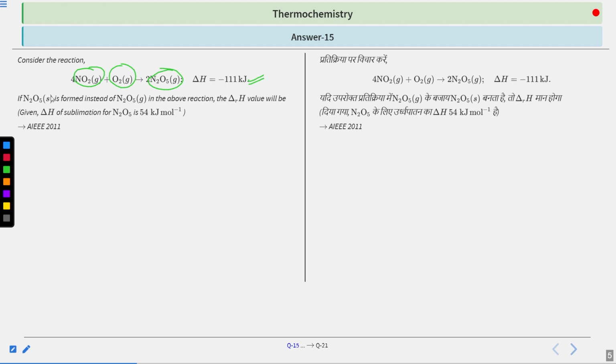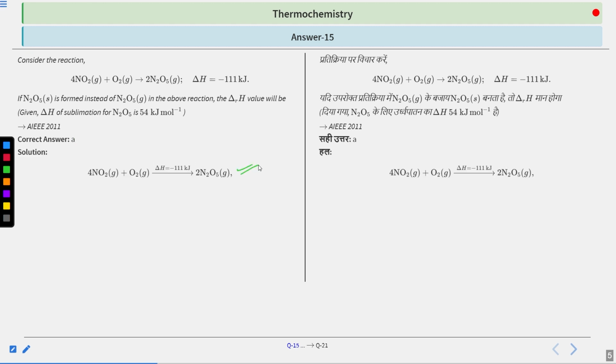Now it is being said that if solid is formed instead of gaseous, what would be the heat of reaction? The data given is 54 kilojoule per mole, which is sublimation, that is conversion of N2O5 from solid to gaseous. For those who have solved, the correct answer is A.